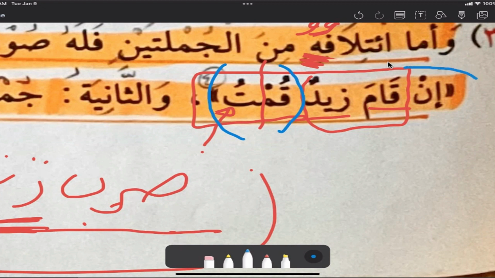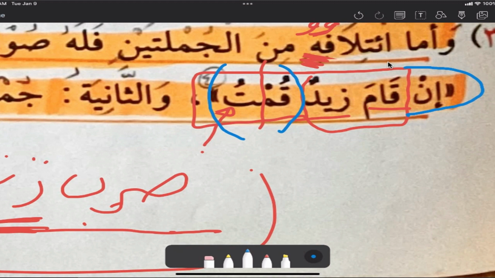And we have here in, if. So this particle here has taken two sentences on. This particle came, says, قد يقال, I can handle two sentences. Give me qama Zaydun and give me qumtu, I'll take both of them.